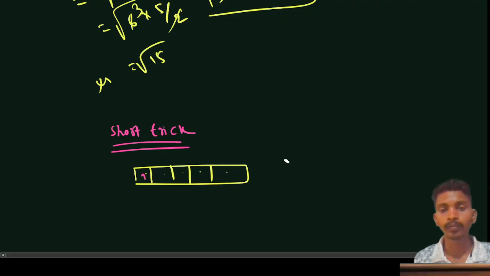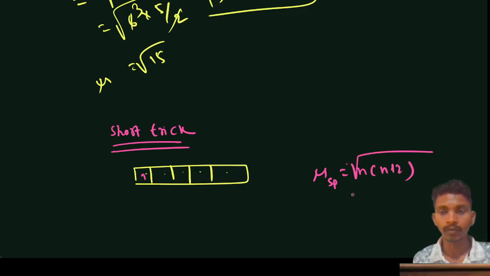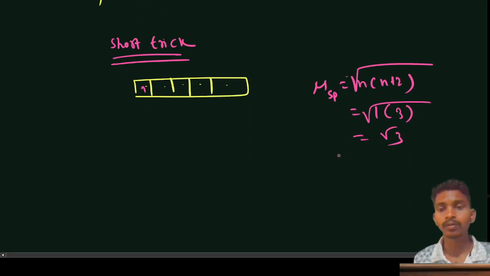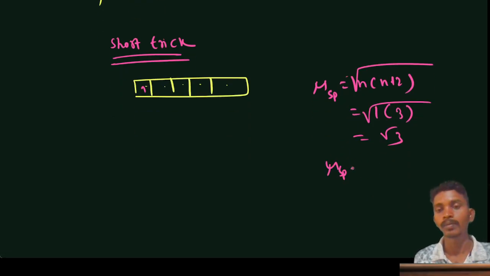The magnetic moment we used to calculate using the spin only formula, that is root of n into n plus 2. That is 1 into 3, that is root 3, and its value comes as the spin only magnetic moment, that is 1.8.